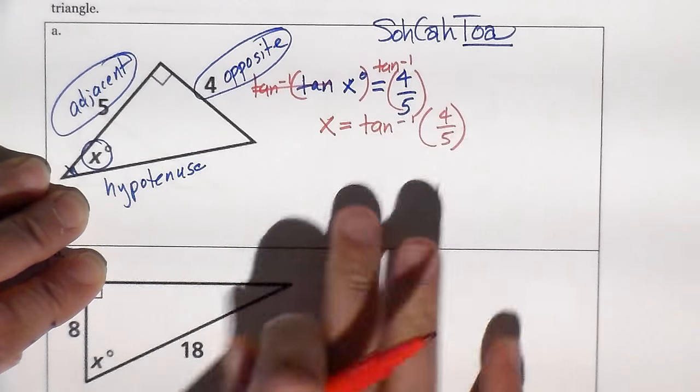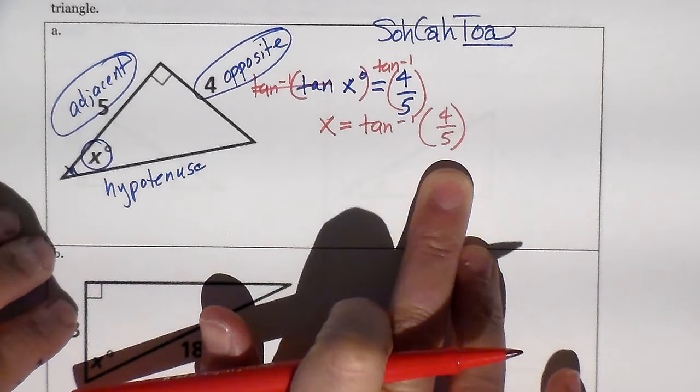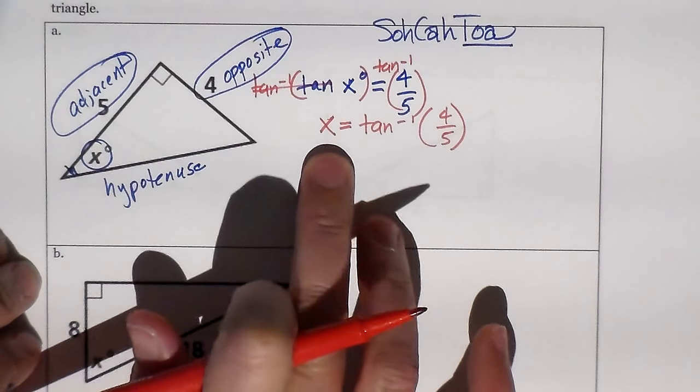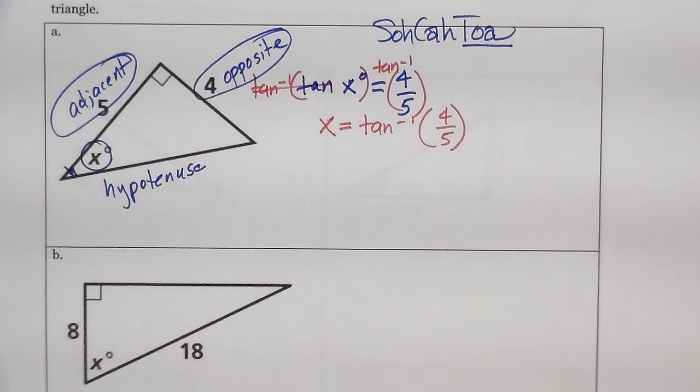So basically what it's asking is, if the ratio of opposite to adjacent is 4 over 5, what's my angle? Well, I'm going to go into my calculator. I don't have the calculator with me, I have it on the screen here. I'm going to hit second, and I'm going to hit tangent. Second tangent will give me the inverse, and then I'm going to do 4 divided by 5.